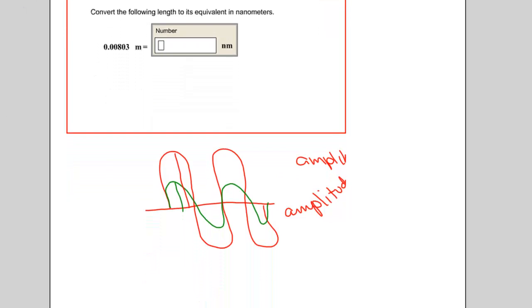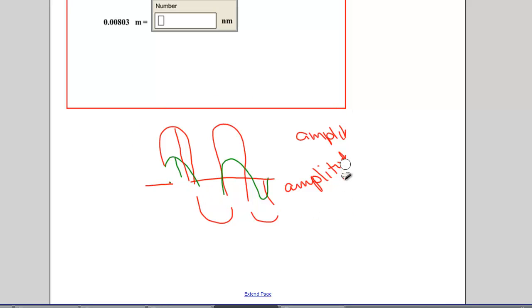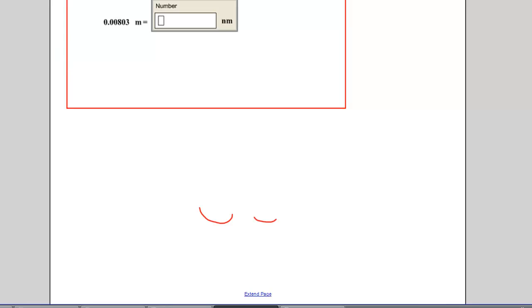Now I say all that, but what we're doing with this question is looking at conversions. So let's go back and remember our nano unit, and we'll set this up by saying I'm given meters and I want to get to nanometers. So I have 0.0083 meters.